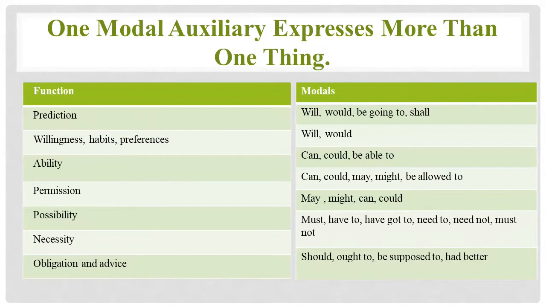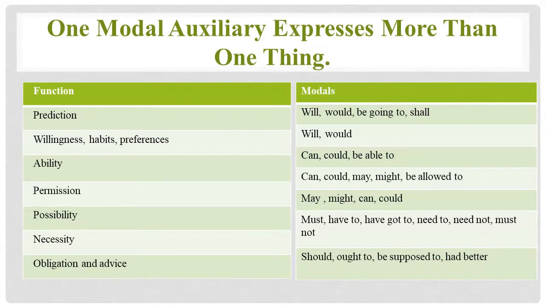To show ability, we use can, could, and be able to. For permission, we use may, might, can, could, be allowed to. For possibility, may, might, can, could. Again, may and might, can and could.